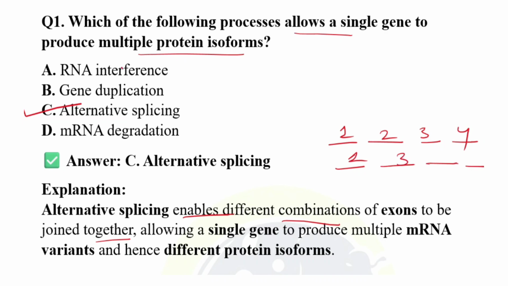Likewise you can have different arrangements of exons, aligning exons in different patterns. Through that you can produce multiple protein isoforms. So through alternative splicing a single gene produces multiple mRNA variants, and hence different protein isoforms will be made. This is an important question, so write it down in your notebook.